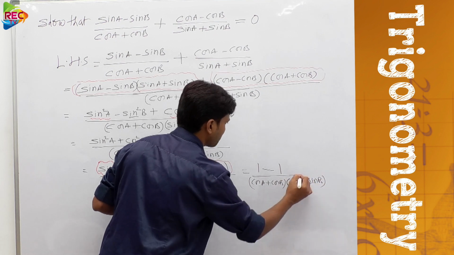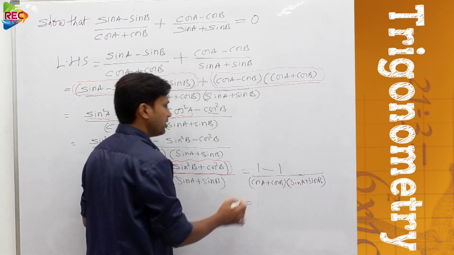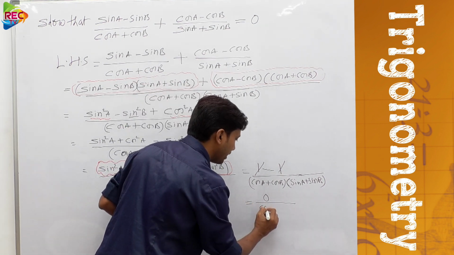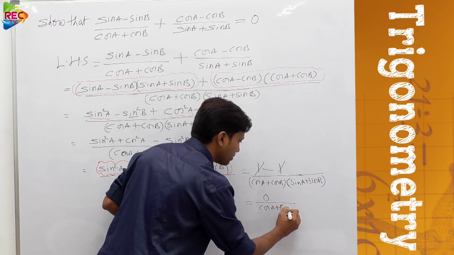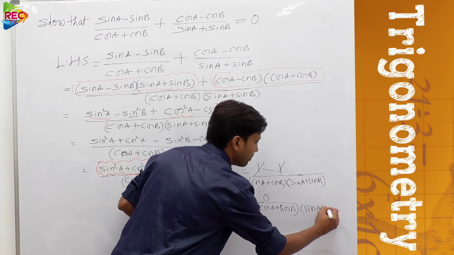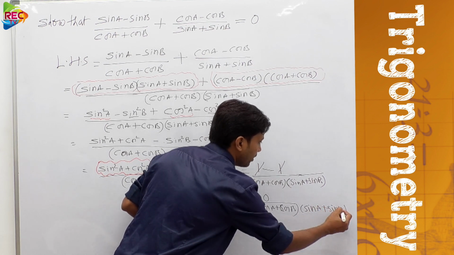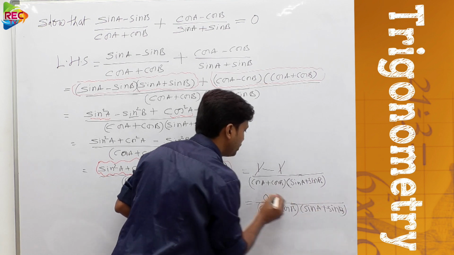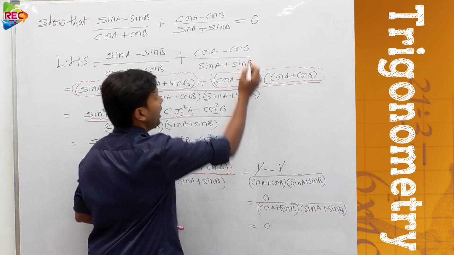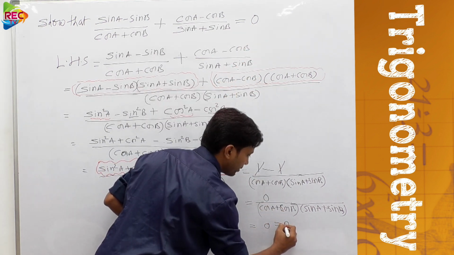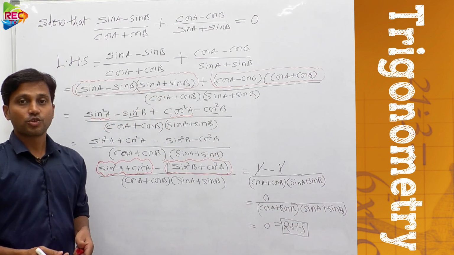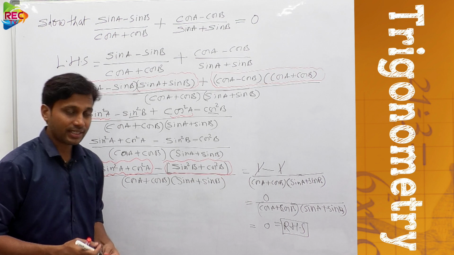Actually we don't need to write this. Why? Because here 1 got cancelled, we got 0 by cos A plus cos B into sin A plus sin B. 0 divided by anything, we get 0. So we got our RHS part. So therefore we obtained our required result.